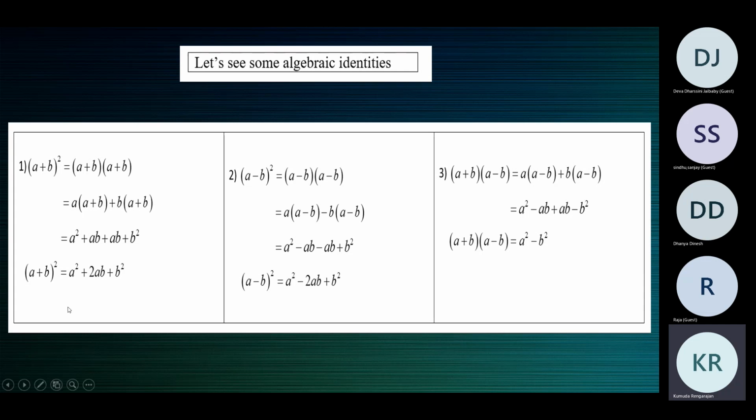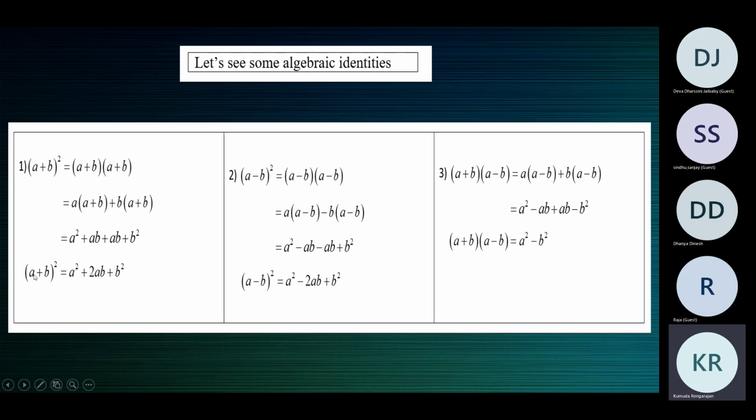Now let's understand better. A plus B the whole square is equal to A square plus 2AB plus B square. This means when you take the LHS, the left hand side of the equality, A plus B the whole square, let A be 1, let B be 2.